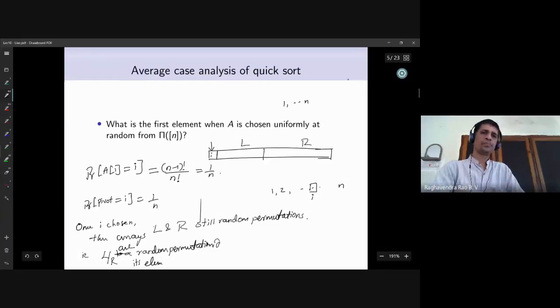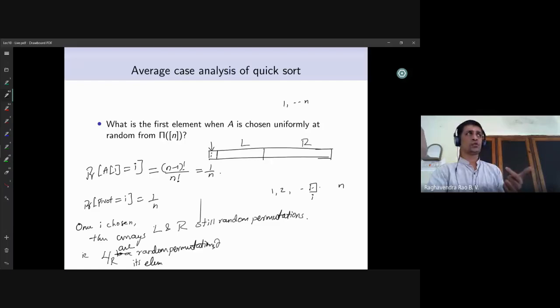Yeah, this fact I'm not really going to prove. This requires a better understanding of the properties of random permutations, and also conditional probability. You can just imagine the process of choosing a permutation. You first fix the first element, chosen uniformly at random. Then you change the process slightly.